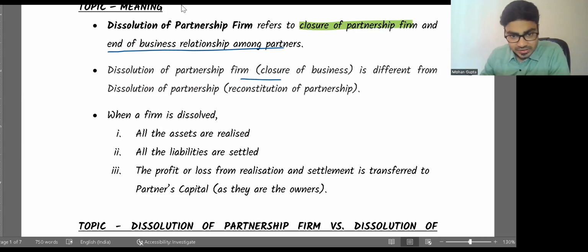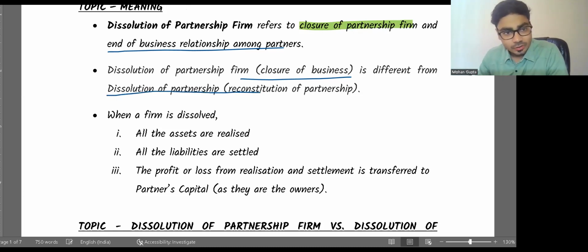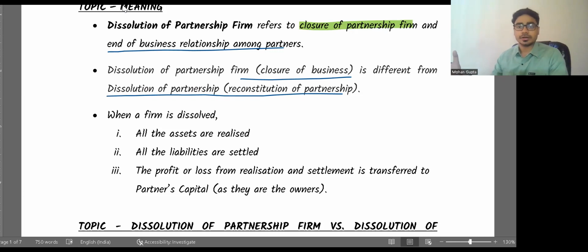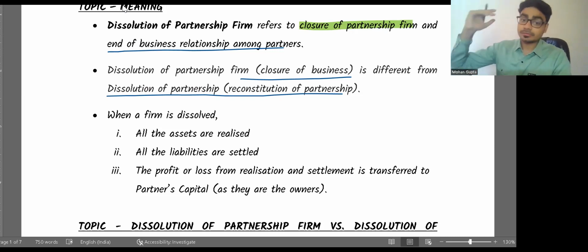That is closure of business, and it is different from dissolution of partnership, that is reconstitution of partnership. So let us say if they had a big fight and, instead of closing the firm, they decided to admit a new partner, a friend of theirs, and carry on the business, or they decide to change their profit sharing ratio. That would be reconstitution of partnership or dissolution of partnership. But if they close their business, that will be dissolution of partnership firm.